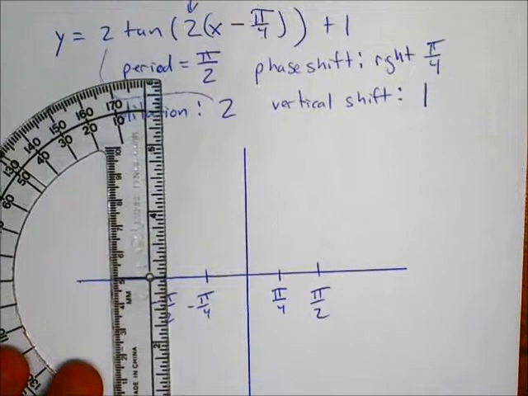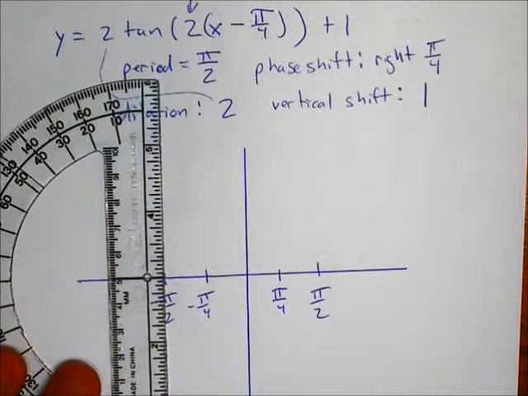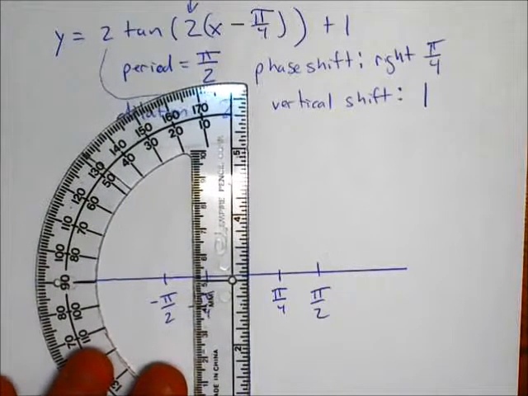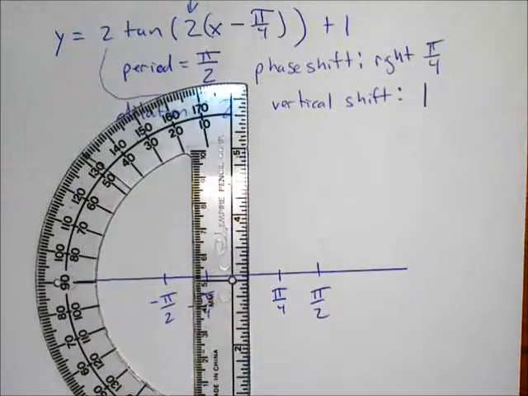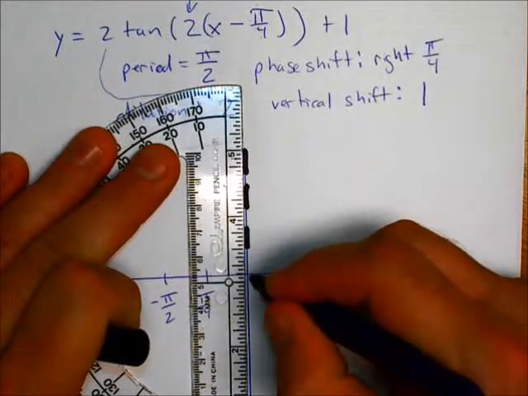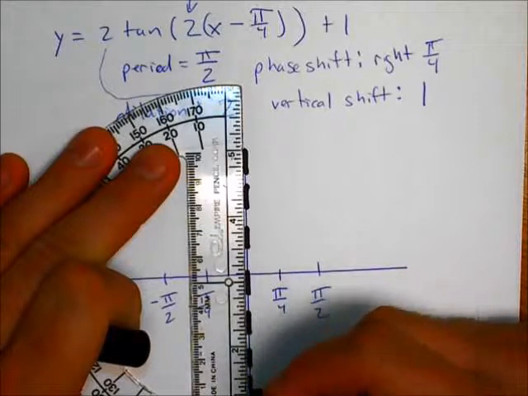So if you look at this edge of this ruler, first it's going to shrink to a period of pi over 2, and then it's going to phase shift to the right pi over 4. So I go over another pi over 4, and I find out that my asymptote, and just because it's on this line here, my asymptote is going to be right there on the origin.